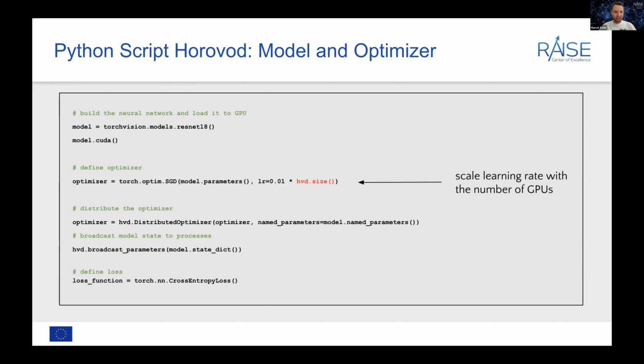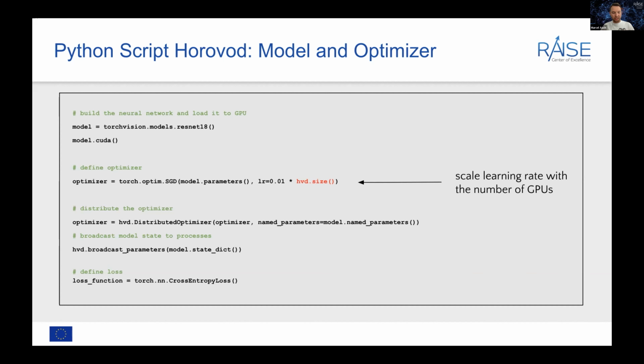And the important thing you need to pay attention to in distributed deep learning is that you need to scale your learning rate with the number of workers or with the number of GPUs you are using. The reason for that is, as I've shown you earlier, you also usually scale your batch size with the number of workers you're using. So a larger batch size usually means fewer optimizer updates.